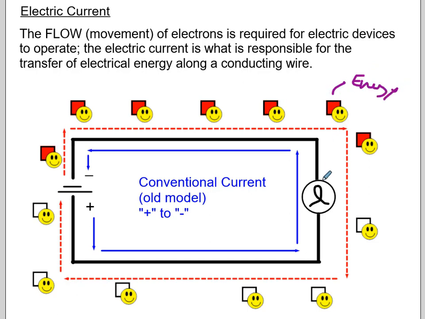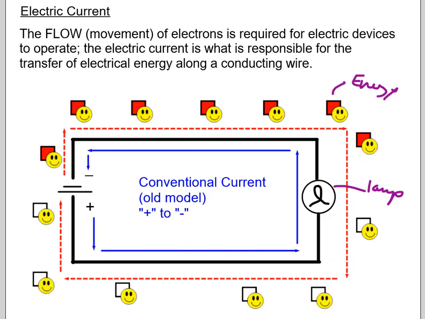And then as they approach this light or lamp, as they go through the lamp, they deposit or give up some of their energy, and that's what makes the lamp glow. And then the little happy electrons flow all the way back to the battery, where they're now at home, and they can rest. Okay, so that's the basic idea of a circuit.